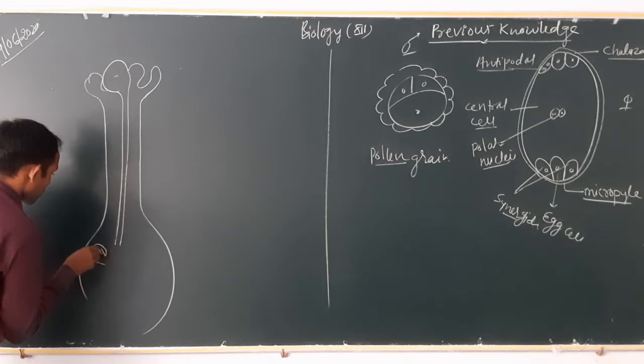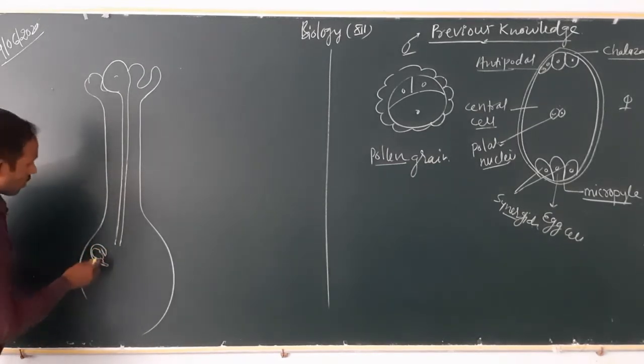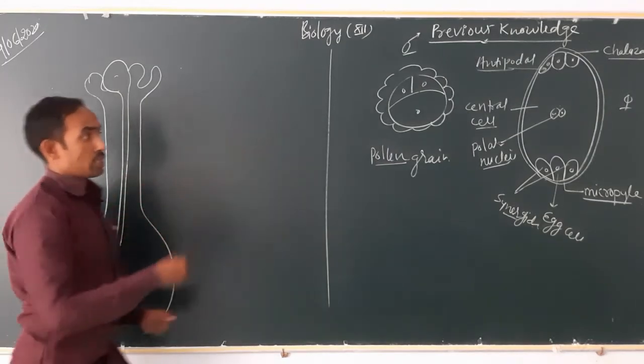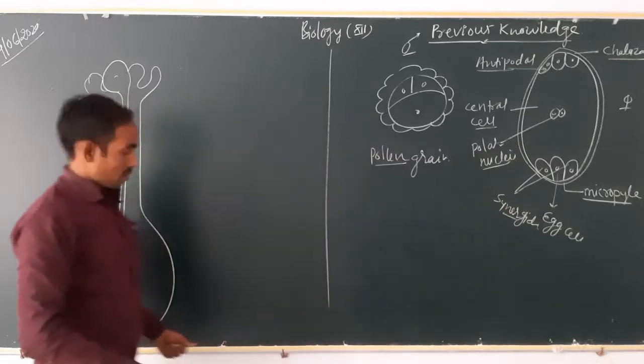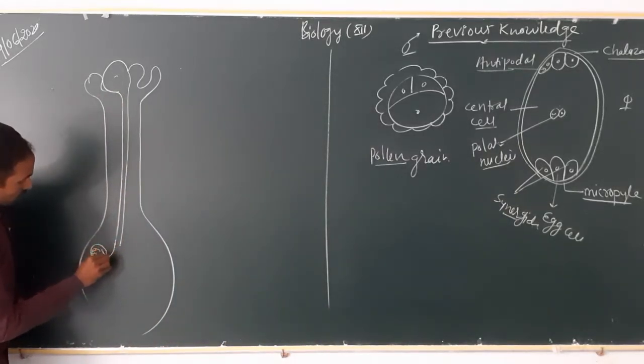If you remember the structure of the ovule, it is connected to the ovary wall. It is the same structure we drew here. Now through this pollen tube, male gametes are entering the ovule.